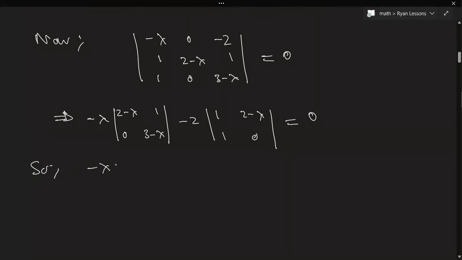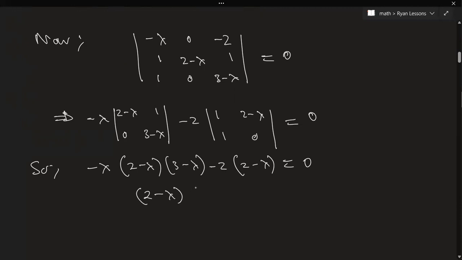So we have negative lambda, and then the product of that, separating it: 2 minus lambda, 3 minus lambda, then negative 2, then we have this 2 minus lambda equal to 0. So 2 minus lambda seems to be common. We pull it out. What remains? We have lambda squared minus 3 lambda, then minus 2, equal to 0.